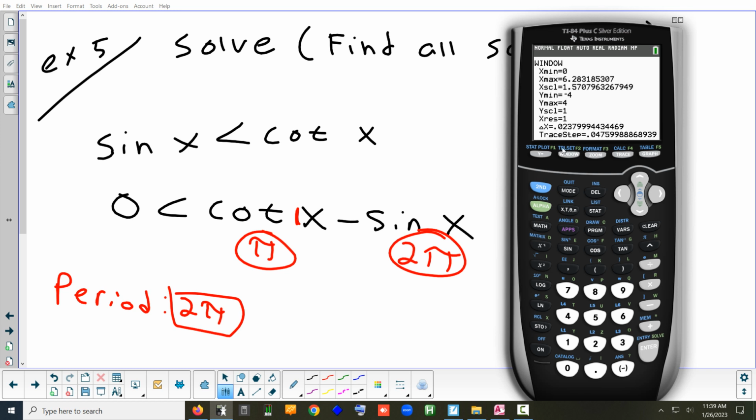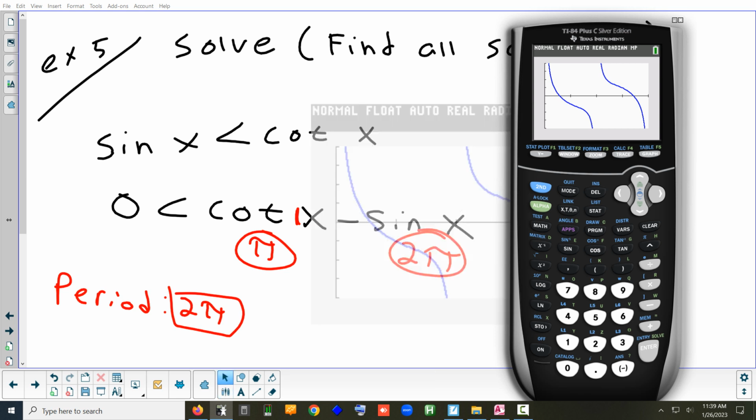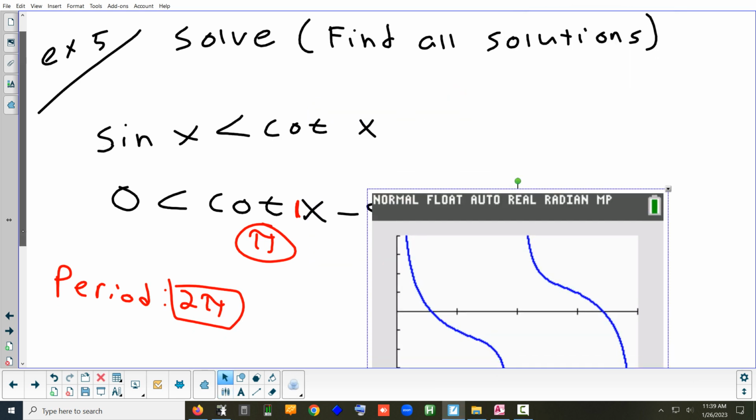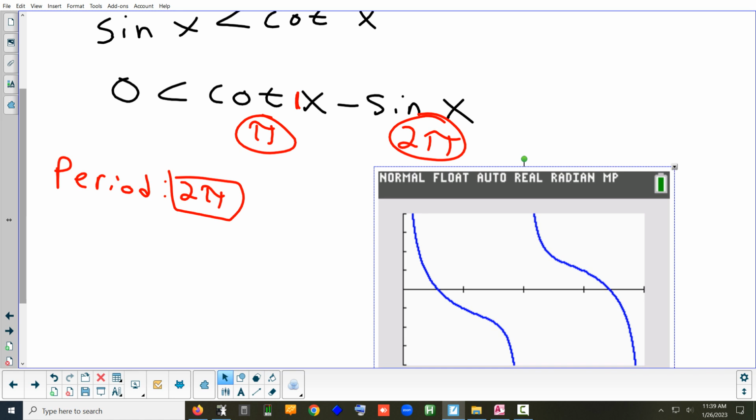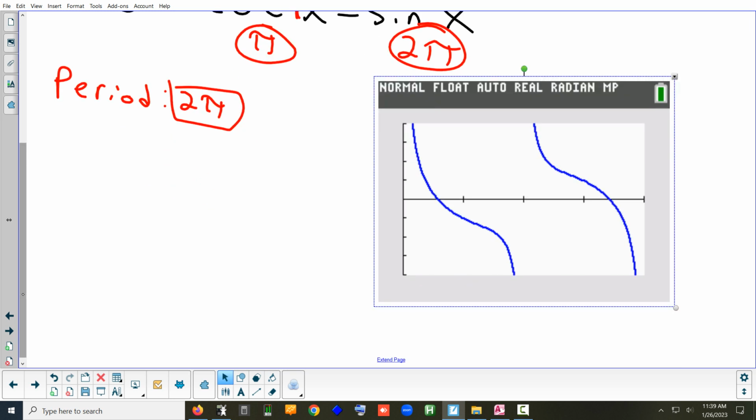Make sure we got our window 0 to 2 pi. And we are looking for where it is less than 0. Now, it might look like those are just the same curve twice, but can everyone see the curve is a little different? It's like flipped. Yeah, this is concave up, and then this section is concave down. The same line, flipped.